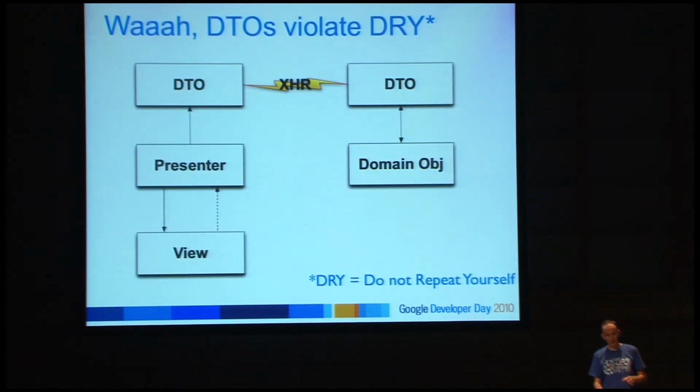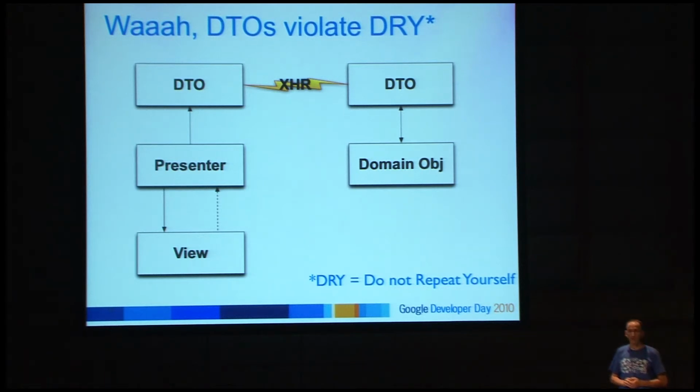Now, if you implement what we've been talking about, then on the left-hand side you have the client, and on the right-hand side you have the server. The data transfer objects, or DTOs, transfer over the wire, over the network, via XML HTTP request, XHR.